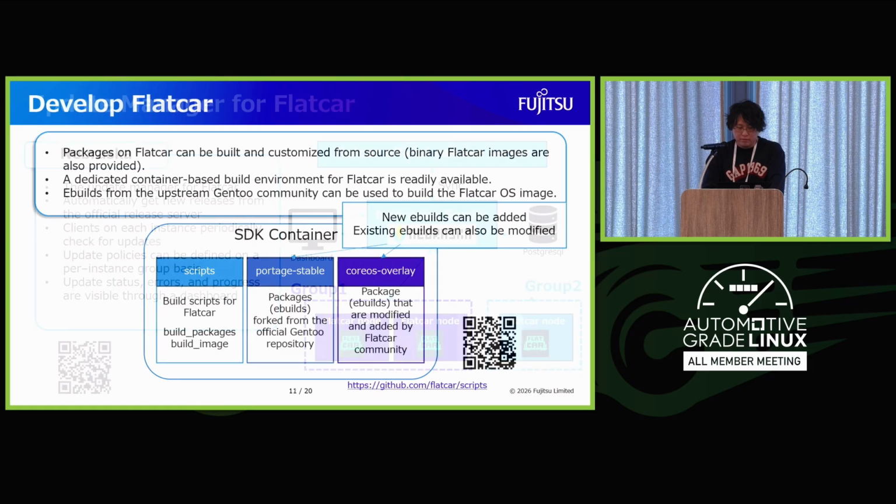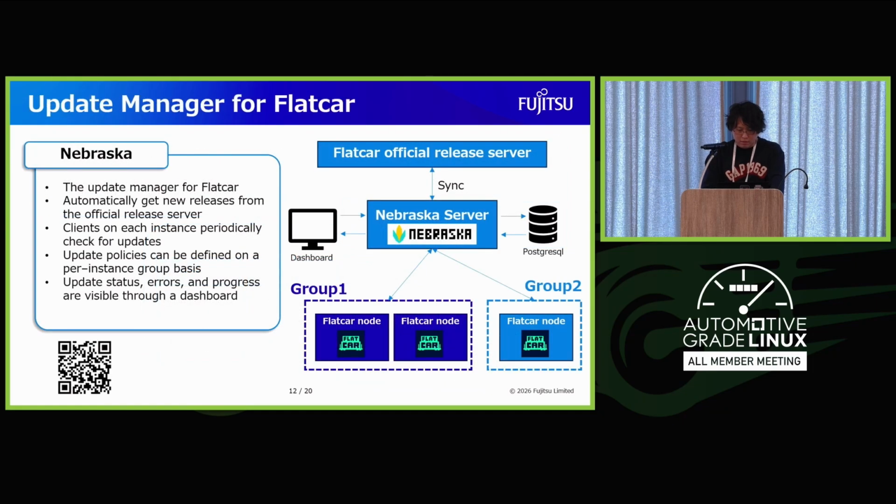And Flatcar has an update manager called Nebraska. Nebraska periodically gets new releases from the official release server. Then client tools on each instance periodically check Nebraska for updates. If a new release is available, the client tool gets update information from Nebraska.